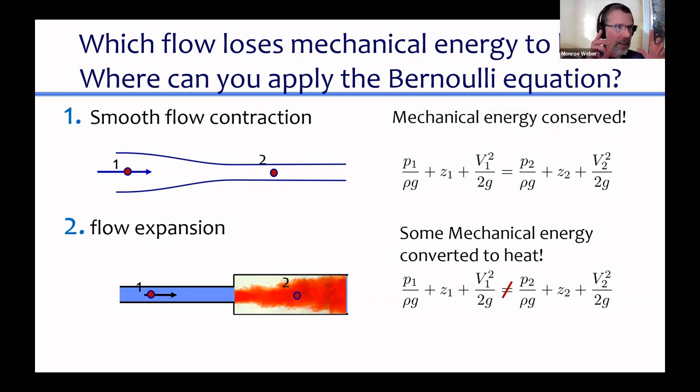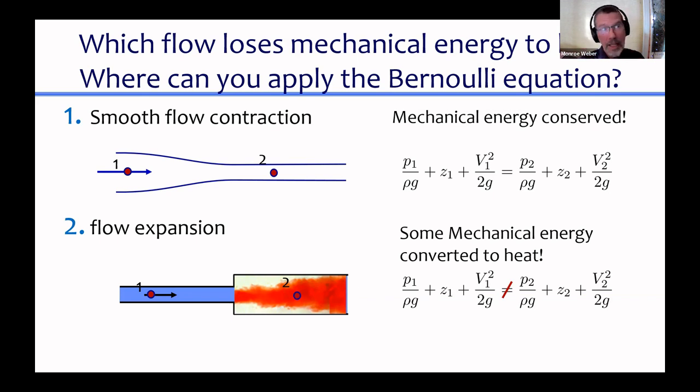I want to give this conclusion. When there is a flow contraction, the Bernoulli equation can be applied. Whenever there is a flow expansion, the Bernoulli equation cannot be applied.